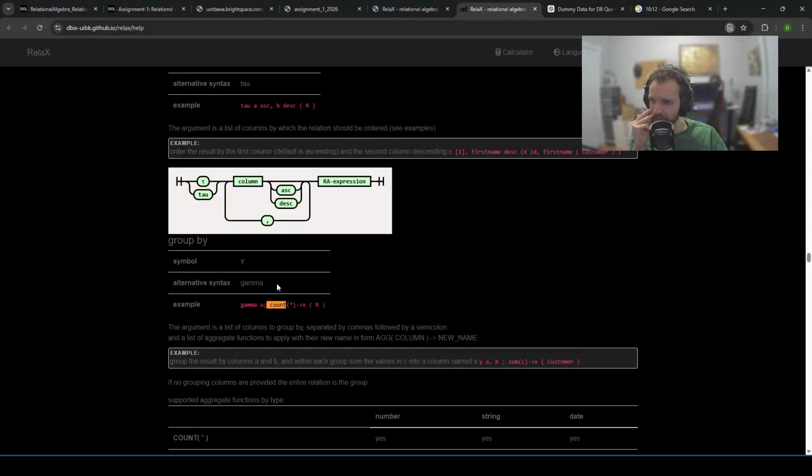Alternative syntax gamma, okay. Example gamma A. What does the A mean? Does that mean ascending? The argument is a list of columns to group by, separated by commas. Okay. Followed by a semicolon and a list of aggregate functions too.